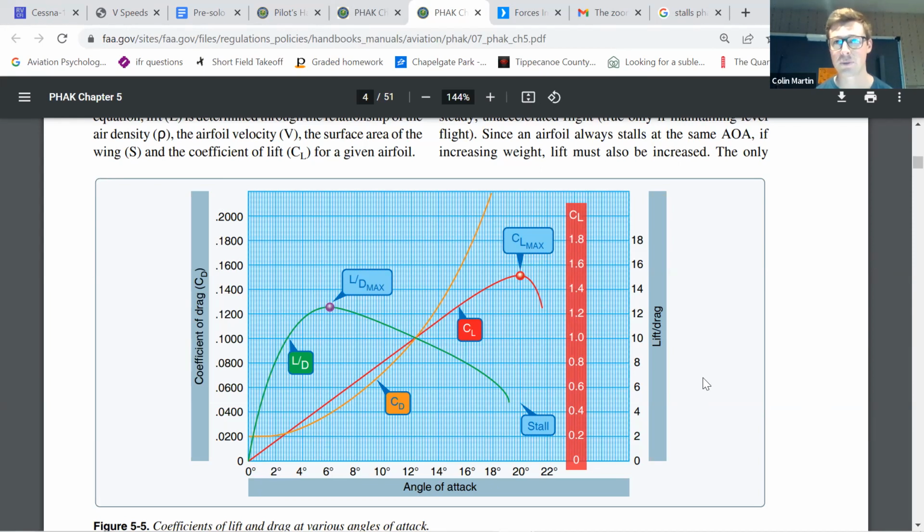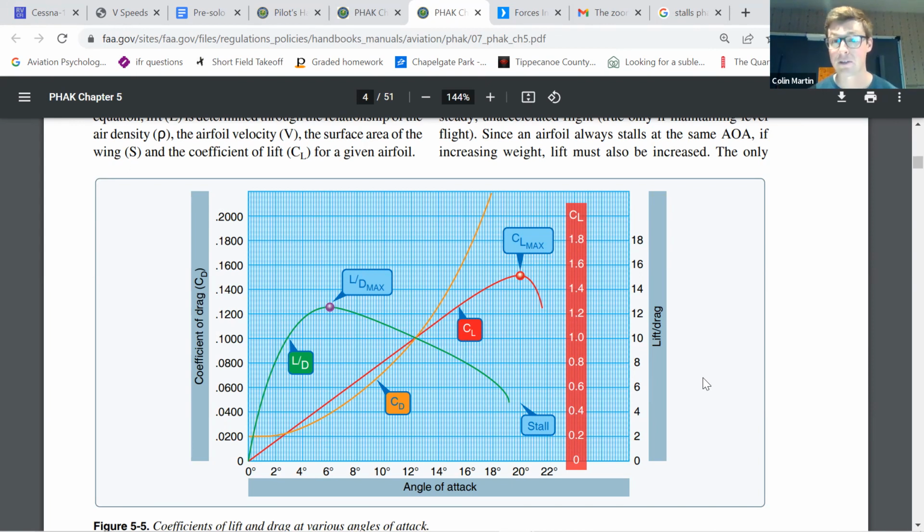We stall because we exceed a critical angle of attack. So the number one thing to do to get out of a stall would be to reduce your angle of attack.